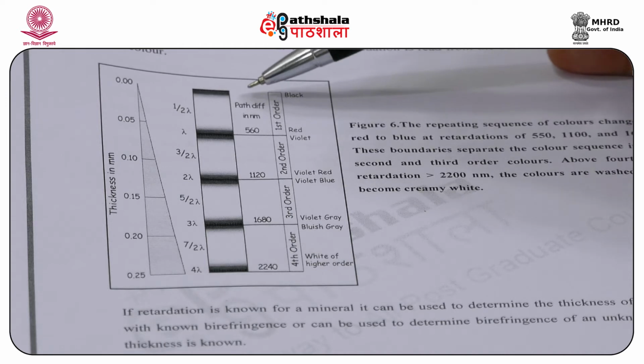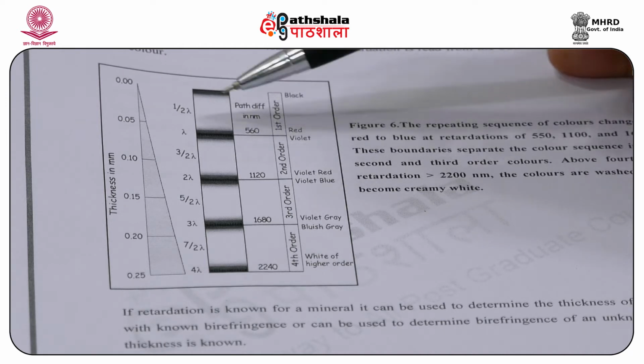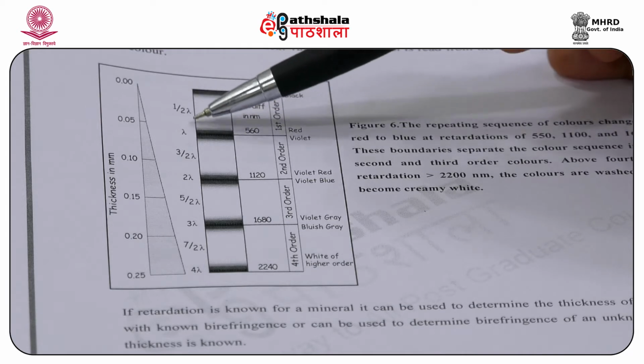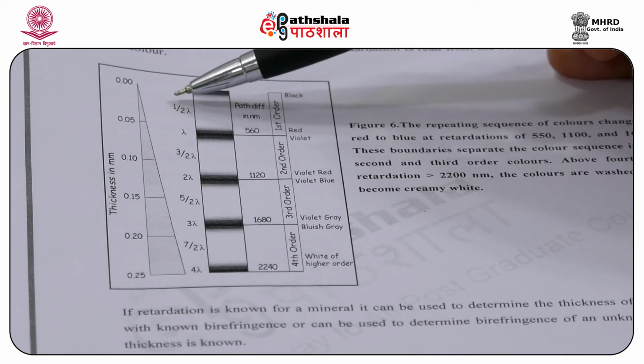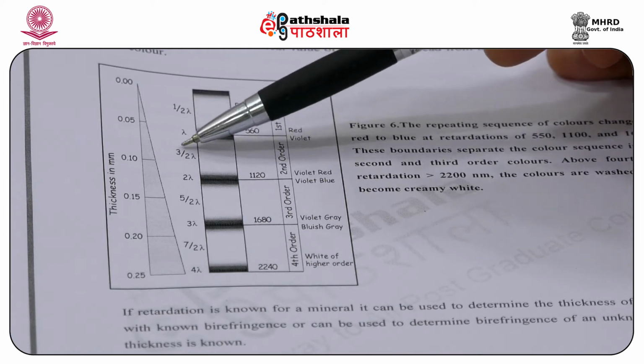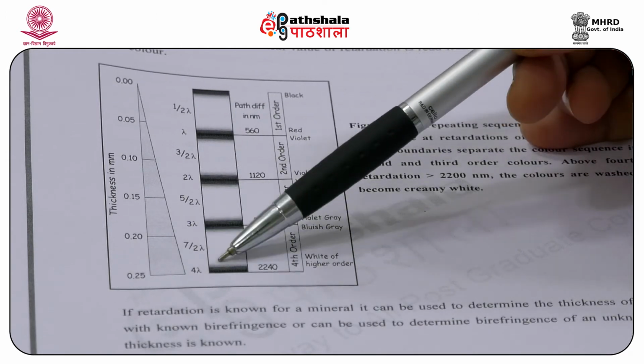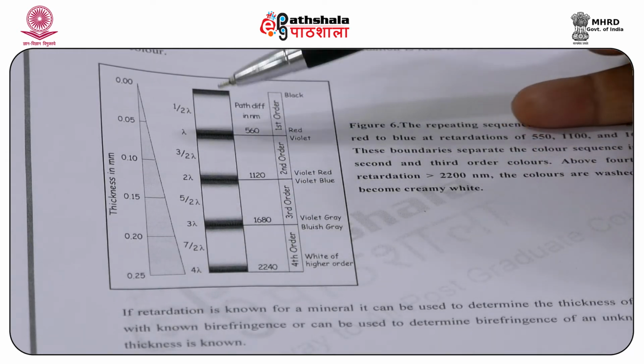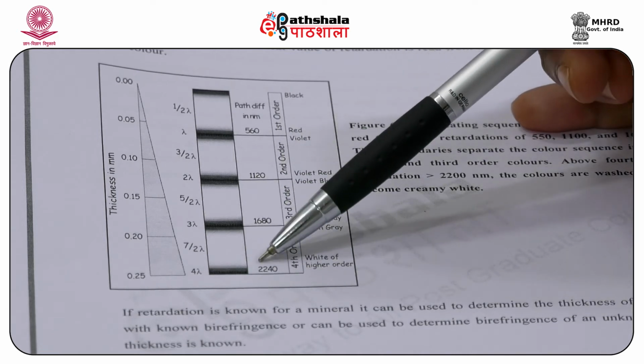In between, when there is a lagging of the two rays by a fraction of half lambda, 3 by 2 lambda, 5 by 2 lambda or 7 by 2 lambda, we will have regions where we will see interference color.